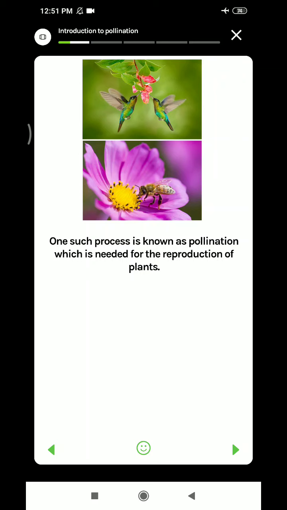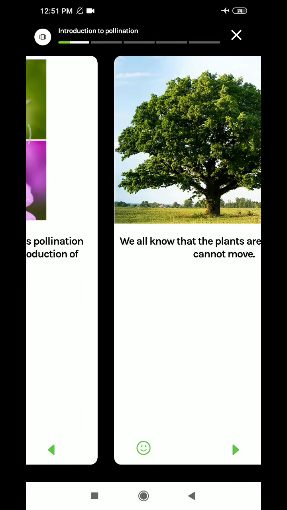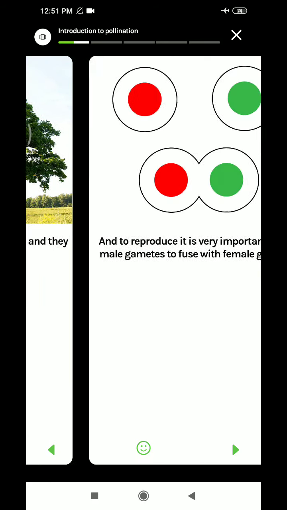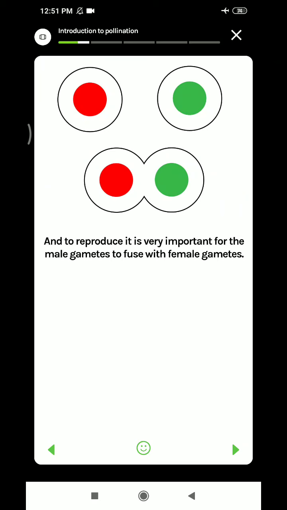So offsprings means what? Offsprings means your next generation. By reproduction only, your next generation can continue. So you know that plants are fixed and they cannot move at all. So how can plants do reproduction?